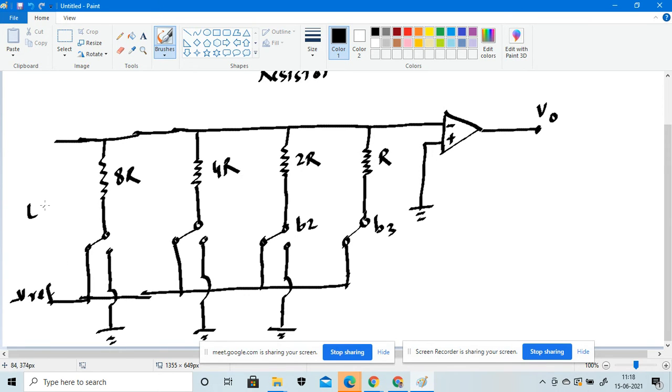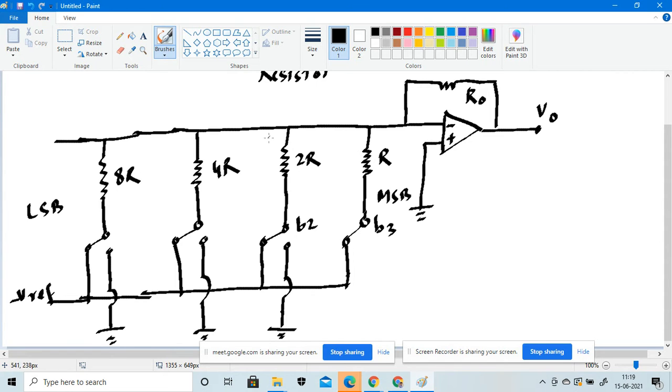Okay, and this side we will consider my LSB, and this side we will consider my most significant bit, right? And we will also connect one reference resistor which will be considered as R0, right? So this will be actually the schematic representation of a D2A converter using this weighted circuit, right?